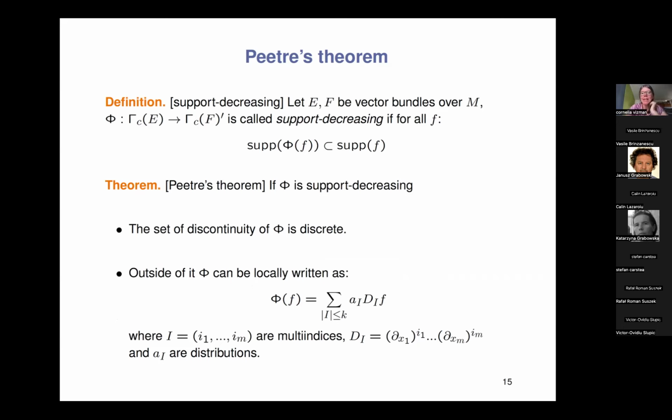So that's why these A_i here are distributions. This is something very common, by the way, in quantum field theory. Peter's theorem says roughly that local operators are locally differential operators. Exactly. Thank you.